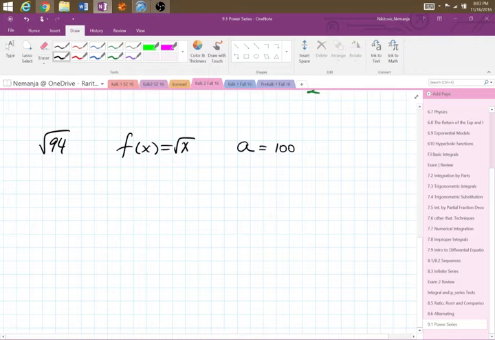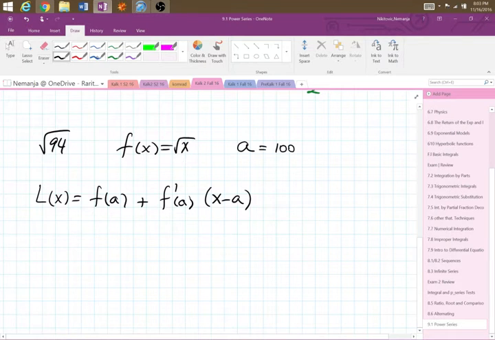And now I want to use linear approximation first. So I'll write it, f of a plus the derivative at a times x minus a. Now, I'm just going to write on the side all of the important things.